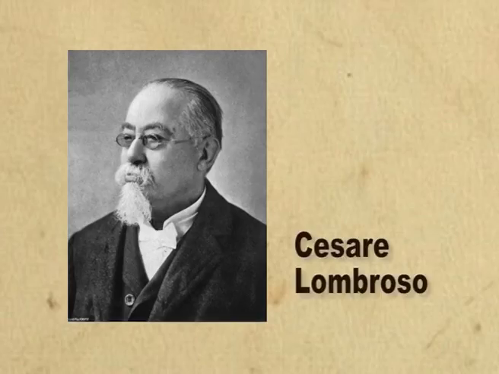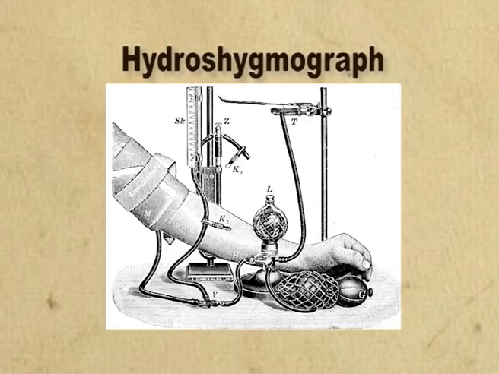The first use of a scientific instrument designed to measure physiological responses for the purpose came in 1895, when Italian physician, psychiatrist and pioneer criminologist Cesare Lombroso modified an existing instrument called a hydrosphygmograph and used this modified device in his experiments to measure the physiological changes that occurred in a crime suspect's blood pressure and pulse rate during a police interrogation.